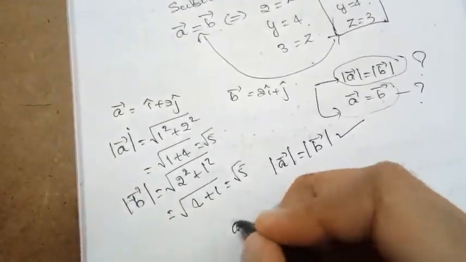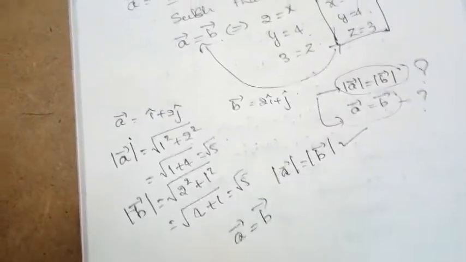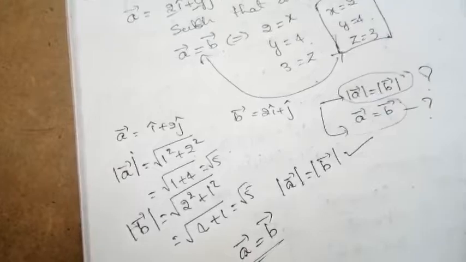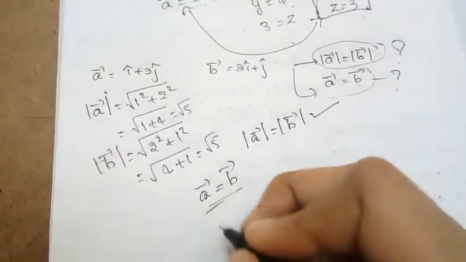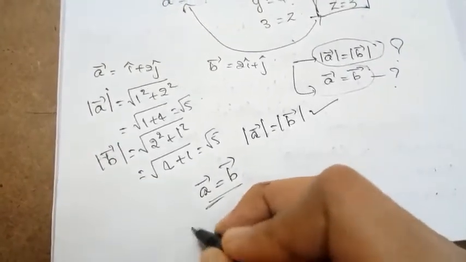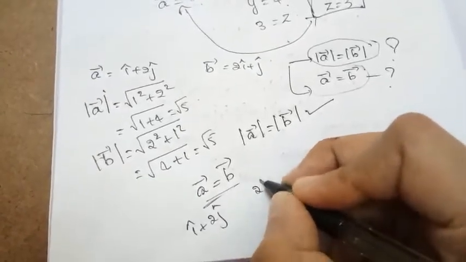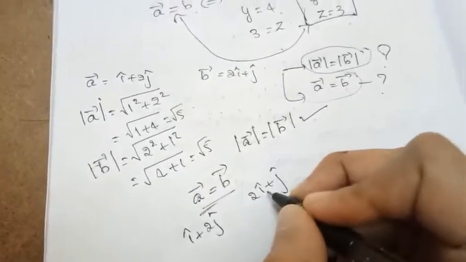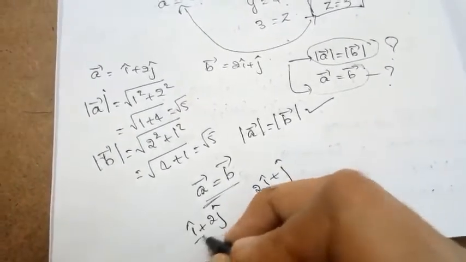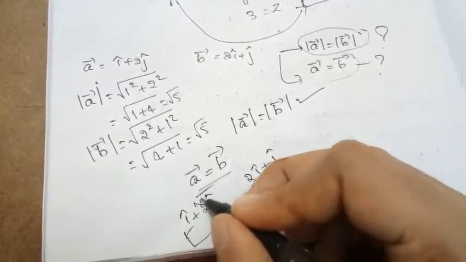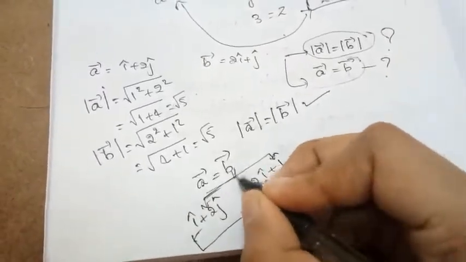But is vector A equal to vector B? We say two vectors are equal if the corresponding elements of the two vectors are equal. Vector A is i cap plus 2j cap, and vector B is 2i cap plus j cap. Compare the corresponding elements of i cap: here it is 1, here it is 2. Are they equal? No. You can check the other one also, and that is also not equal.